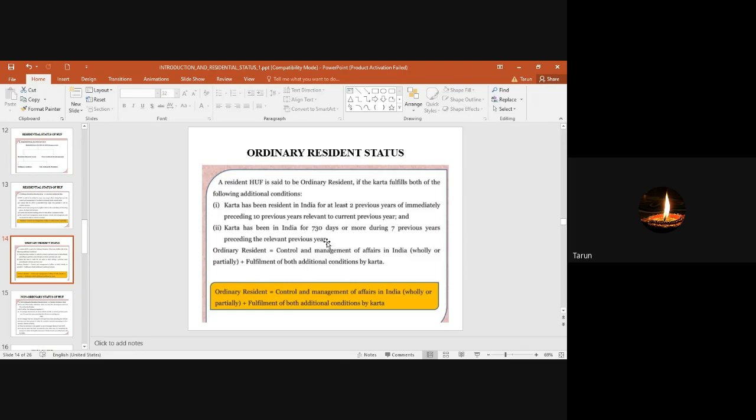That means it is a resident and ordinary resident of India. So the HUF will become resident and ordinary resident if it satisfies the first condition and the Karta satisfies both additional conditions as well. Control and management of its business affairs should be in India, wholly or partially, plus the additional conditions, which are these two. So it becomes resident and ordinary resident.